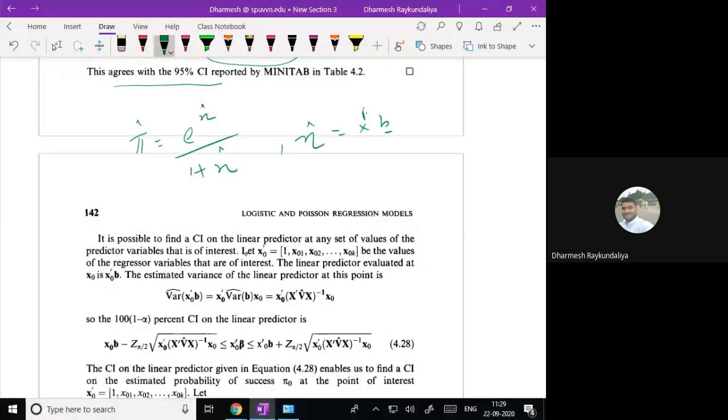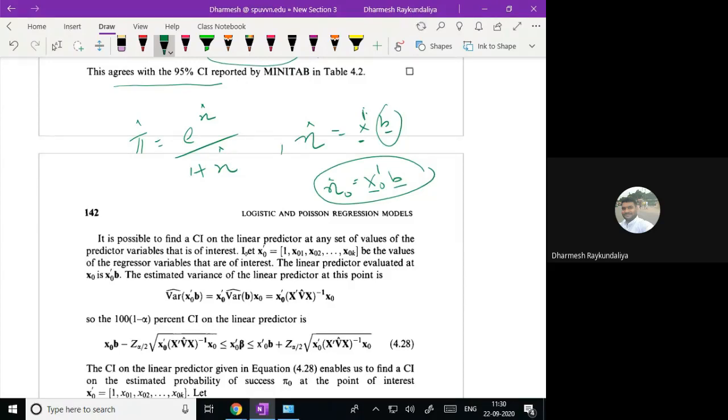Now my question is, suppose I wish to develop the confidence interval of a linear predictor. Linear predictor means this b you have estimated from the model, but suppose a new value of x is given to you. So I wish to develop a confidence interval for this linear predictor. How to do that, and what should the confidence interval be?